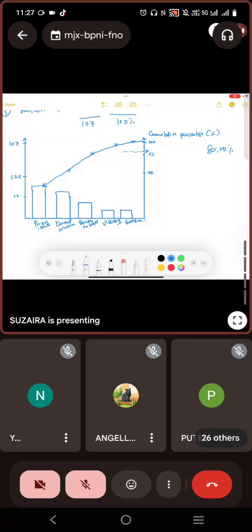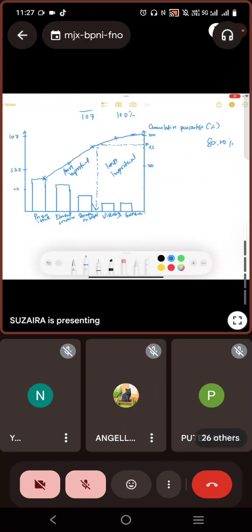So it depends on your graph, on your scale, yeah. Okay. So this one is the most important. And this one is the least important. Okay. All right. So we identify the printing issue, dented container, and also scratch on label is considered as the most important things. Important defects.